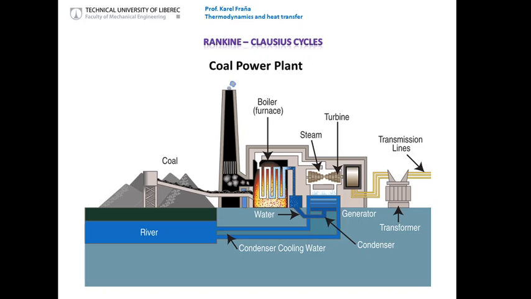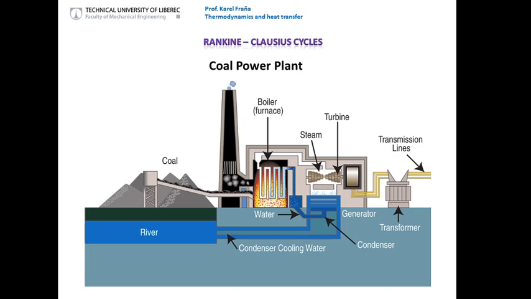You can see here the coal power plant which burns the coal and creates the heat. Heat is used to create the vapor, and the vapor goes to the steam turbine. In this case, the vapor is in the superheated area. In the steam turbine, there is an expansion. We know already that this is an adiabatic isoentropic process, which is some kind of simplification.